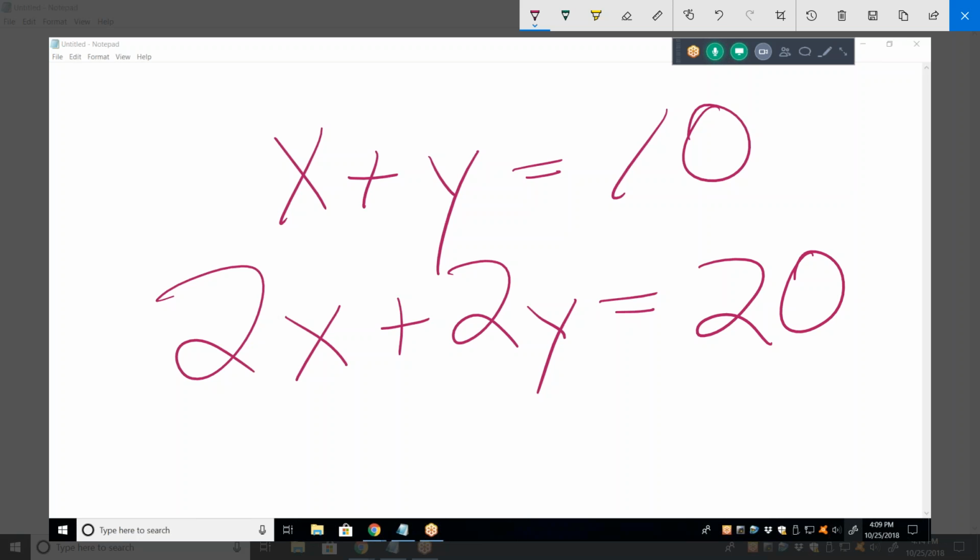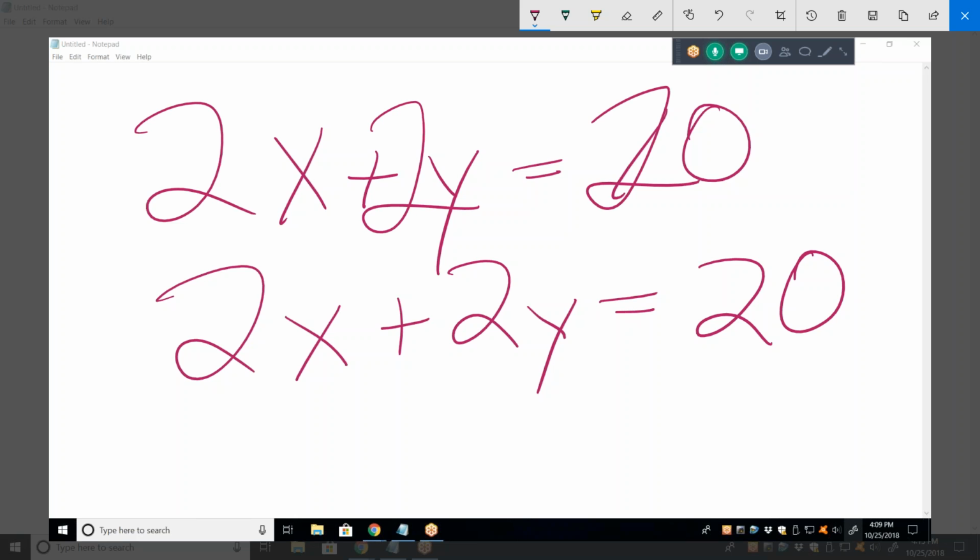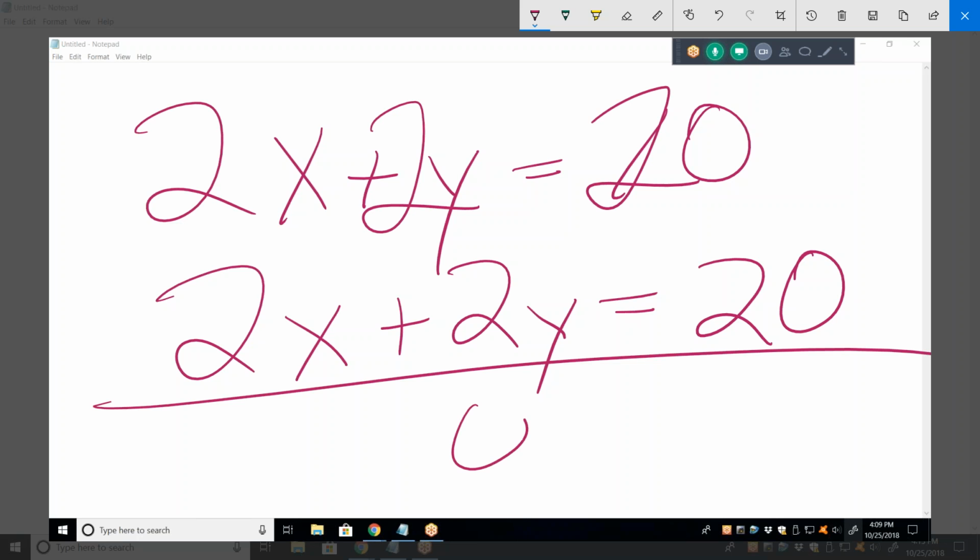If you try to solve this by any means, let's say we multiply the top by 2, and then we subtract the two equations. We get 0 equals 0. And whenever you get one number equals the same number, that is an infinite number of solutions.